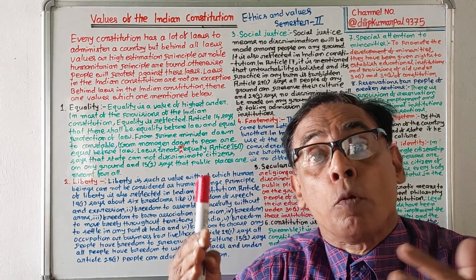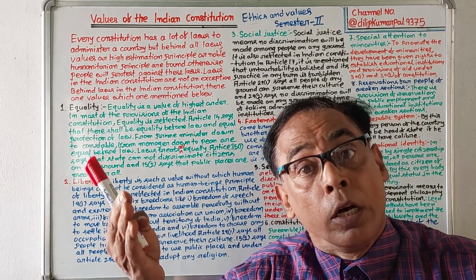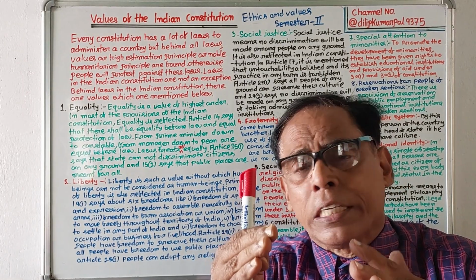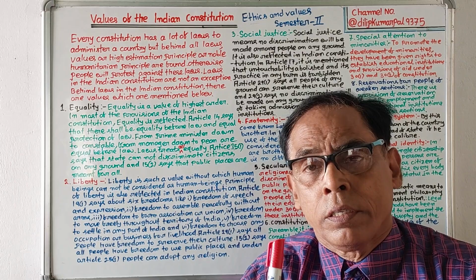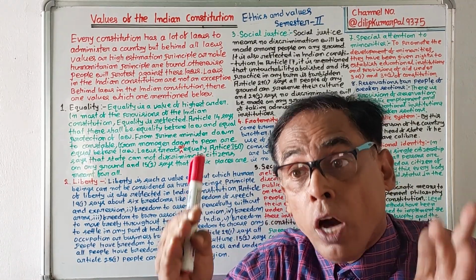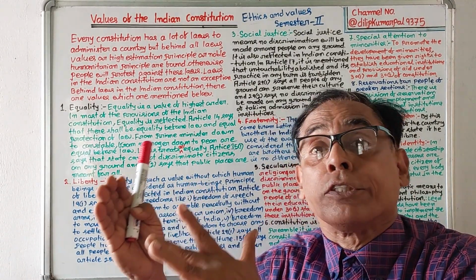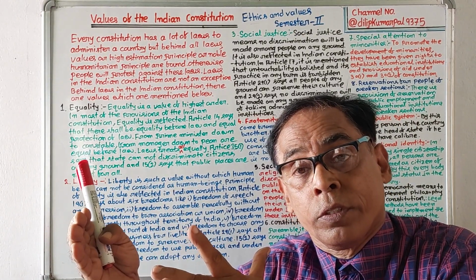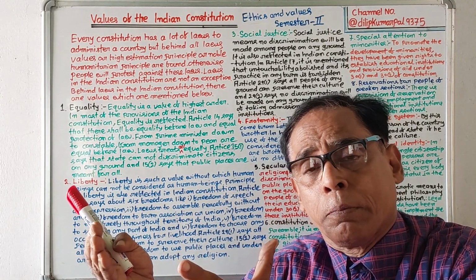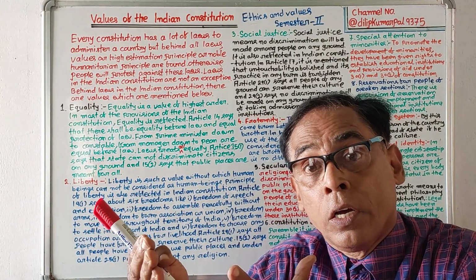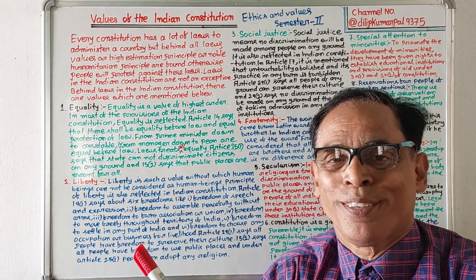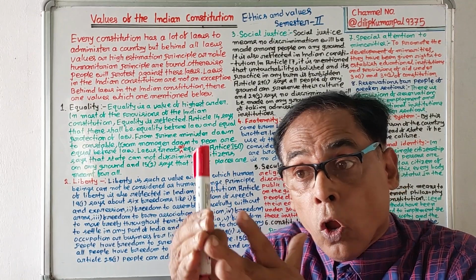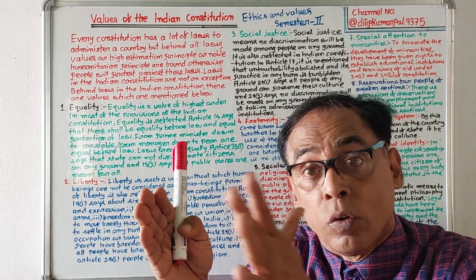Otherwise, people will protest, people will revolt. Indian Constitution is not an exception. Behind laws in the Indian Constitution, there are also values, high estimation principle and noble ideas or humanitarian principles. So now we'll discuss behind laws in the Indian Constitution, what are the values?